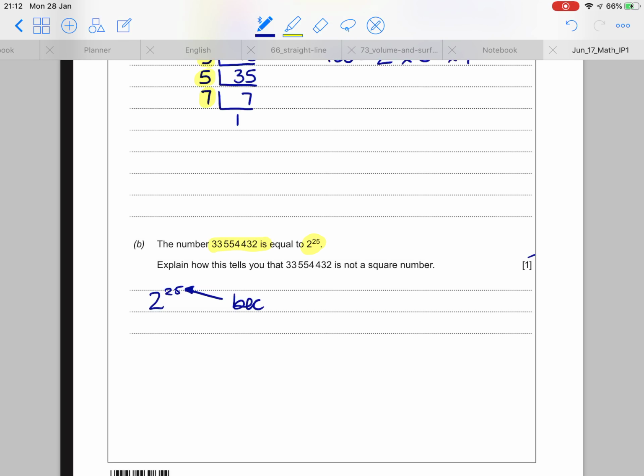So I'm going to write here, because it does not have a power which is an even number.